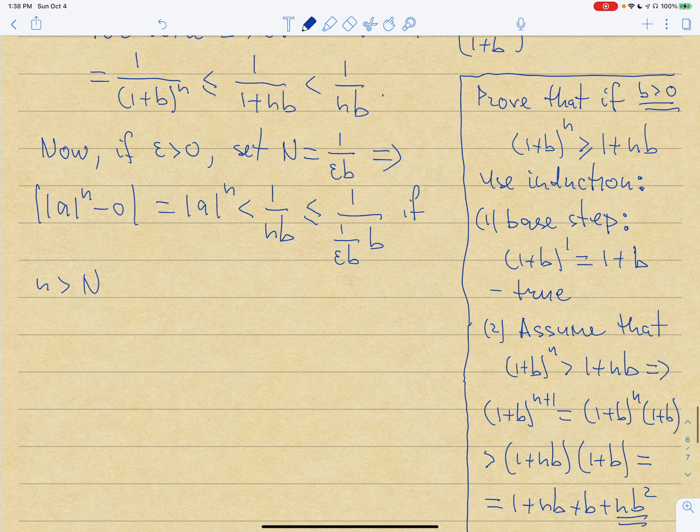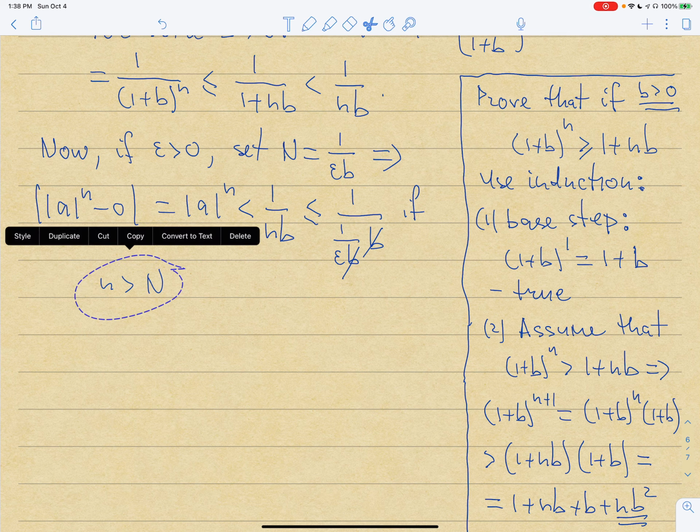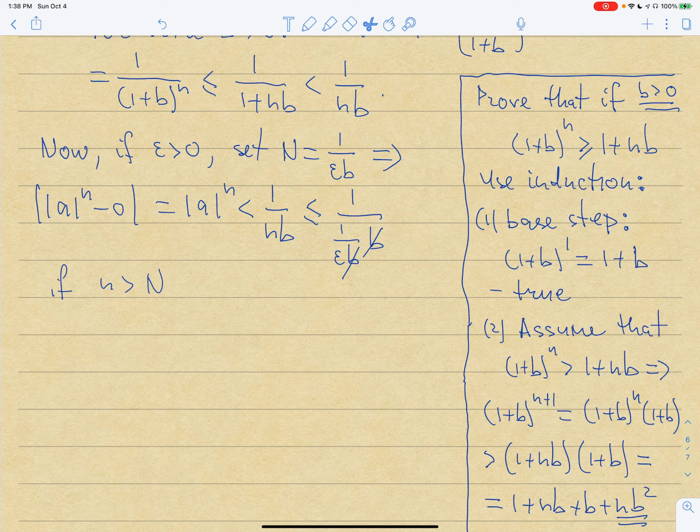But then what is this, right? b is going to cancel out, and 1 over 1 over epsilon is equal to epsilon. So in fact, I can just move "if n is bigger than capital N" down here and say that this is equal to epsilon.